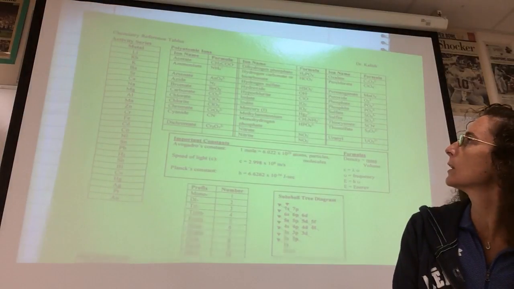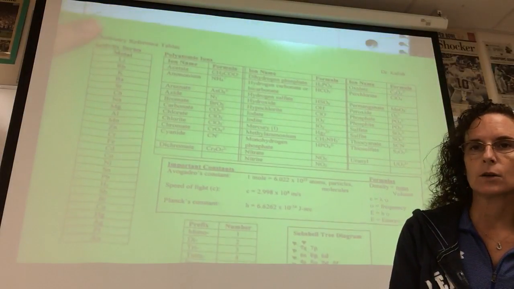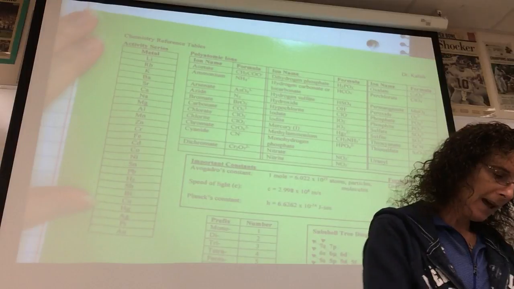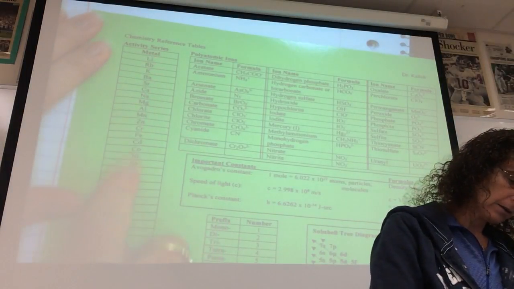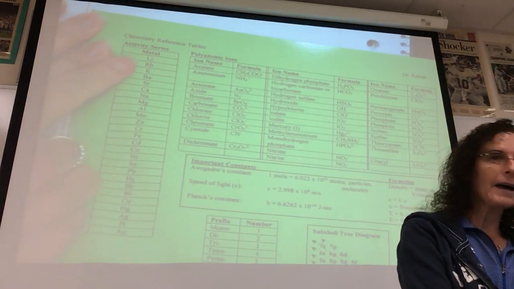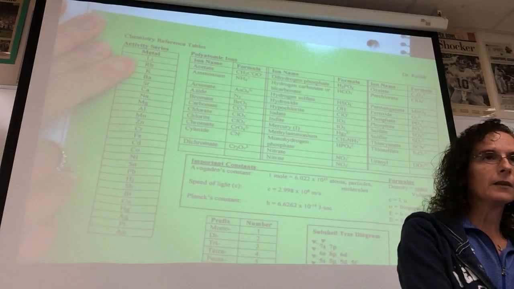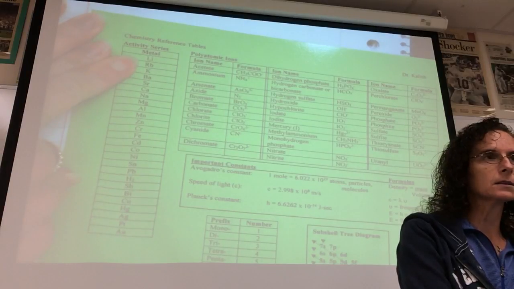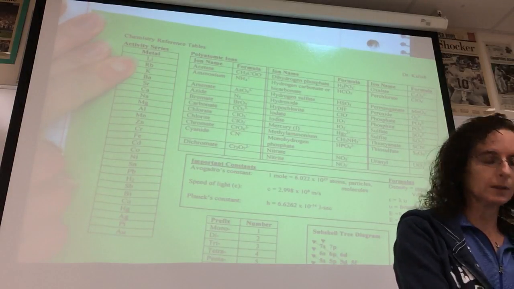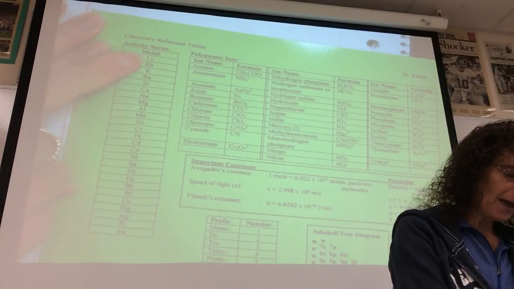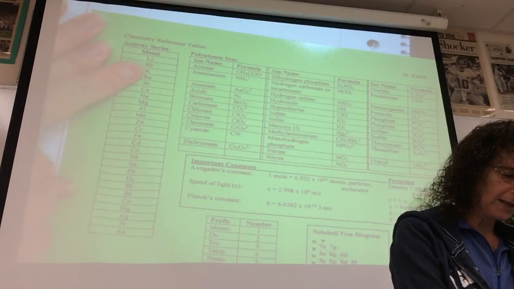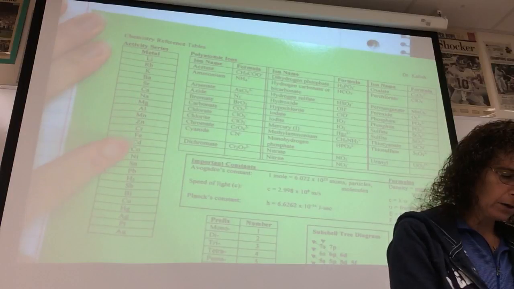So if you look up at the screen, you will see the activity series of metals. The higher on the list the metal is, the more powerful it is. So lithium has the ability to displace any metal below it.